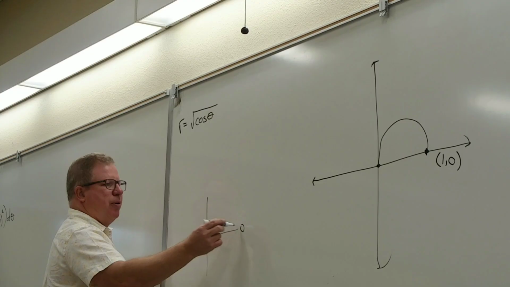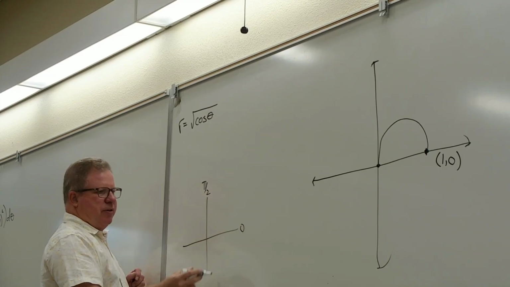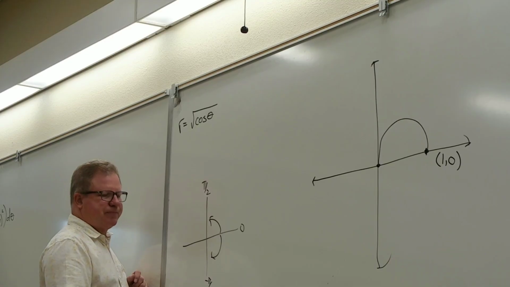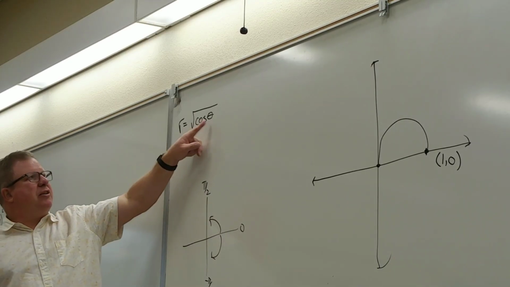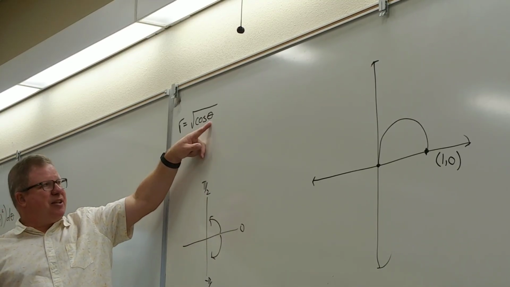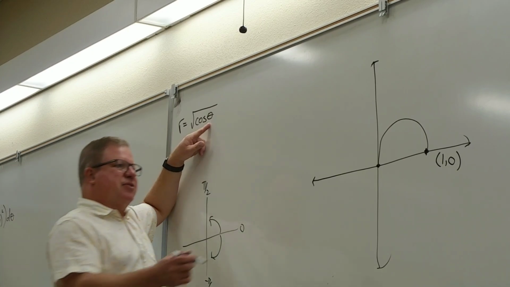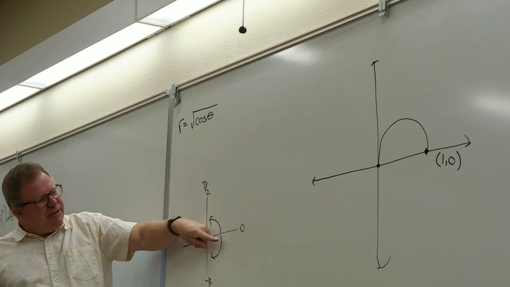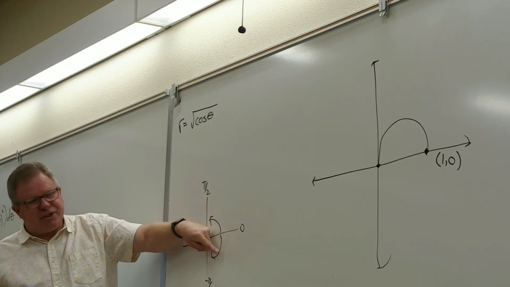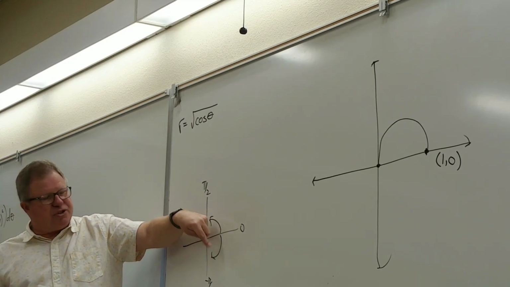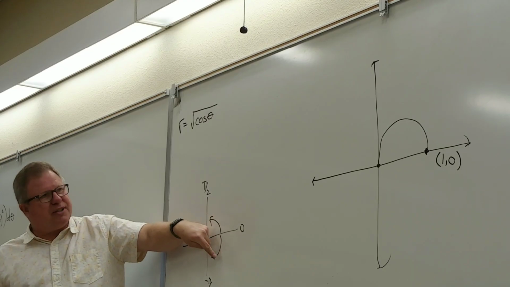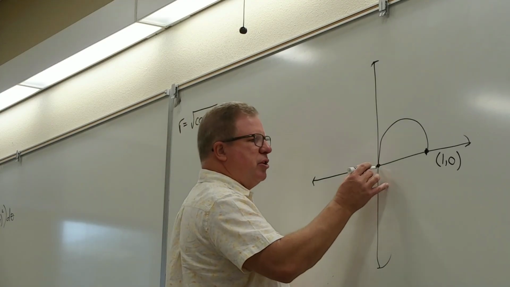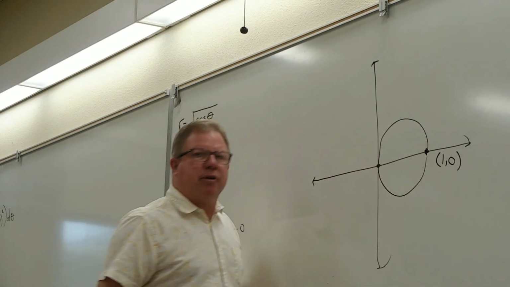Remember, 0, pi over 2, that's that. If you go back this way, this is negative pi over 2. Cosine of negative pi over 2 is 0. So that gives us this point again. All these negative angles in quadrant 4, cosine is positive. Cosine is like the x coordinates. They're all positive here. So that will generate positive numbers, and it will generate that part of it.